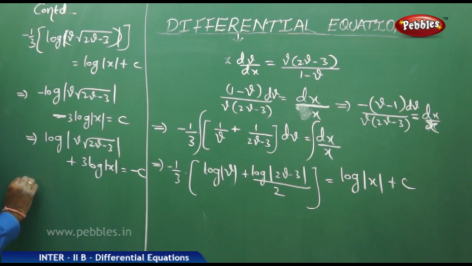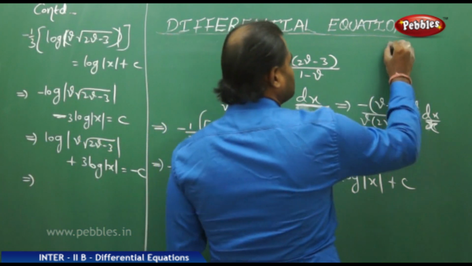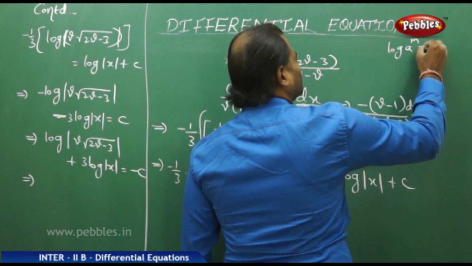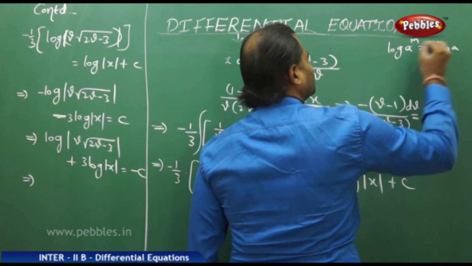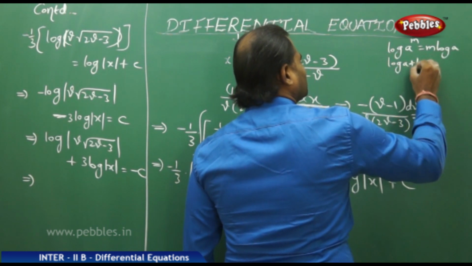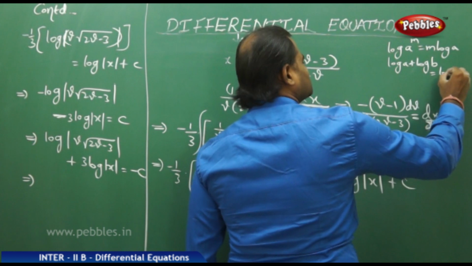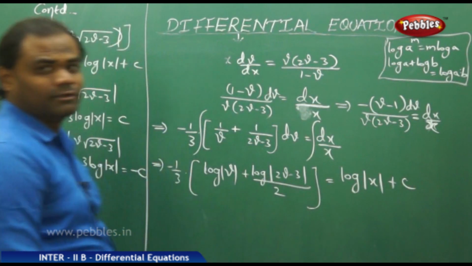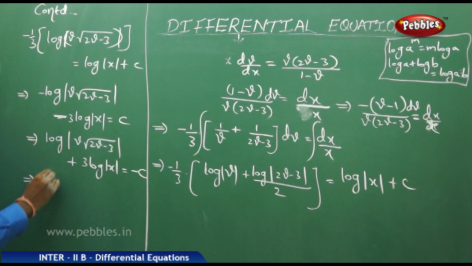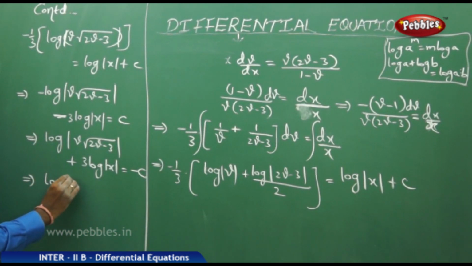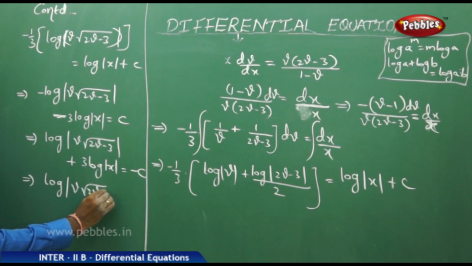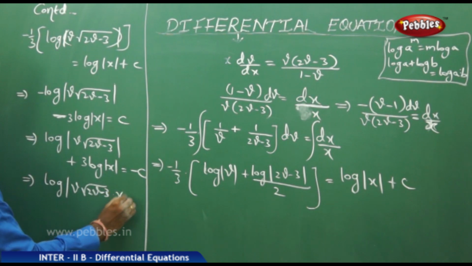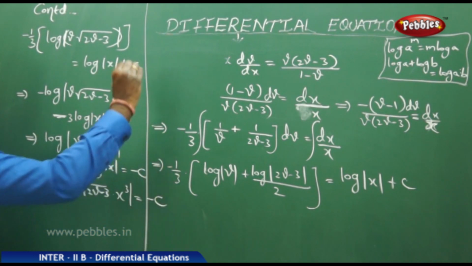Then taking the formula log a plus log b is log ab, and log a power m is m log a, which are the two basic logarithmic formulae which we are going to use here. So log a plus log b gives v root 2v minus 3 into x cube equals minus c.